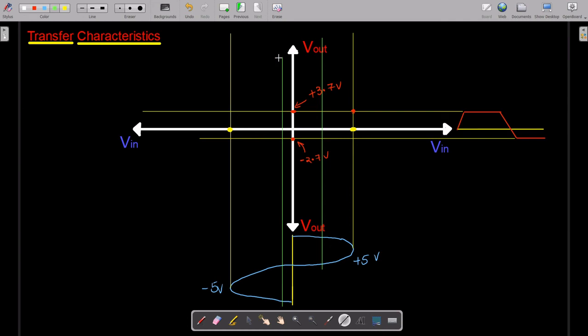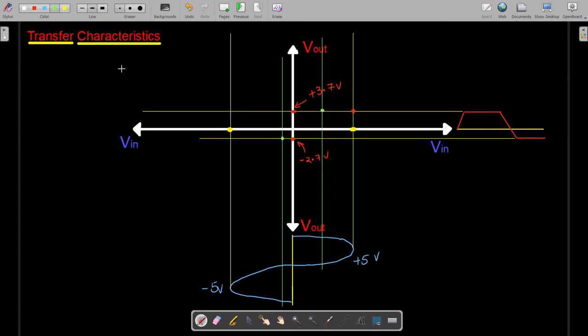I hope you are getting me. So let me just mark those particular points. This is your minus 2.7 volts and this is your plus 3.7 volts.